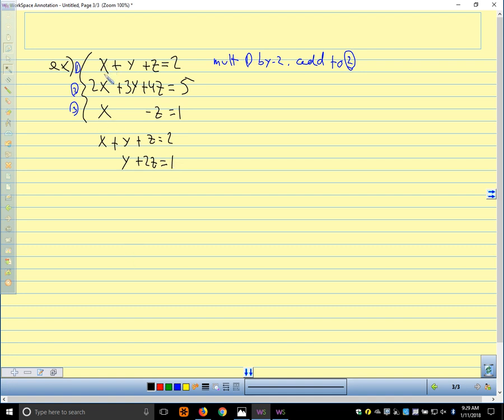And now we're going to use the first row, or the first equation and the third equation, to eliminate this x. So what do we want to do there? We can multiply by -1 and add, or we can just subtract. Either one is fine. I'm just going to write subtract 3 from 1.